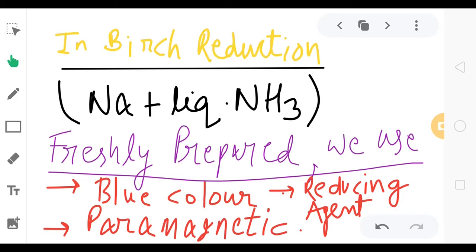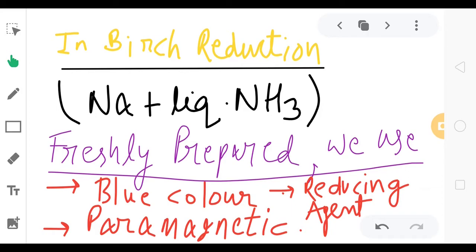First, we use a freshly prepared reagent. That means at the time of the experiment, at the time of reaction, we prepare this reagent on our own.